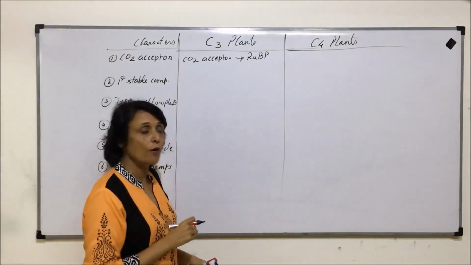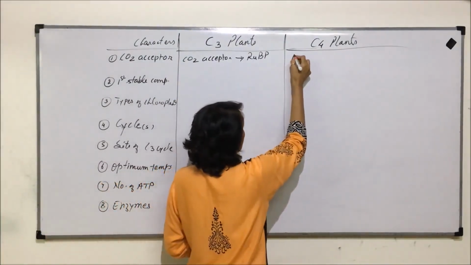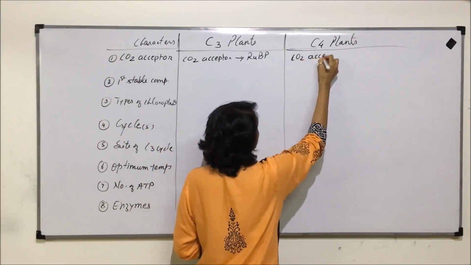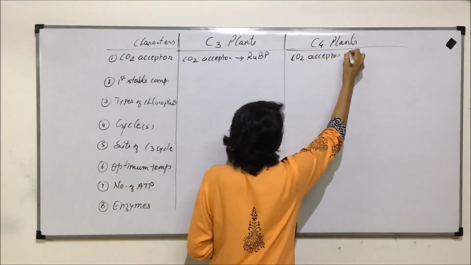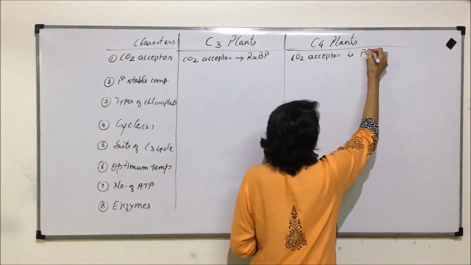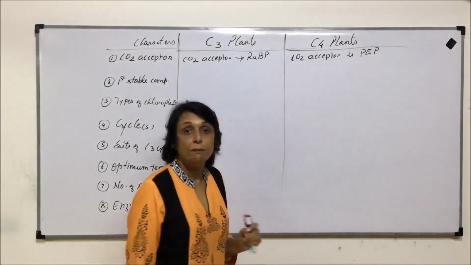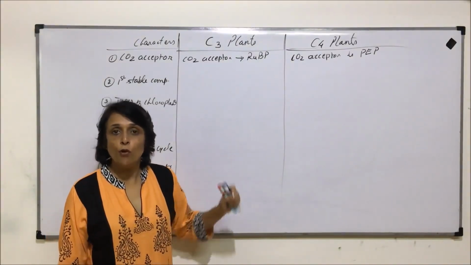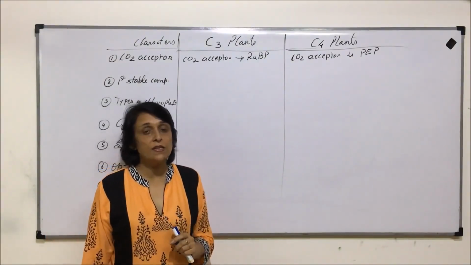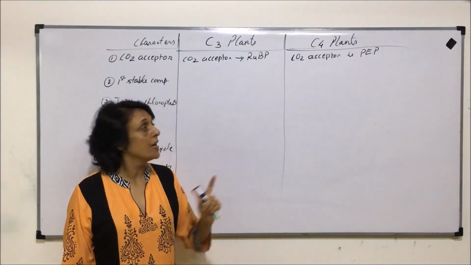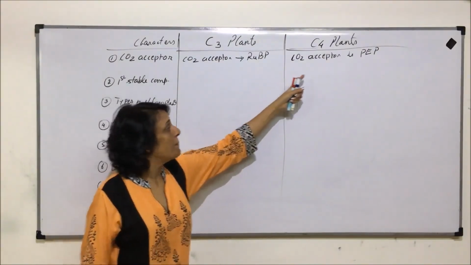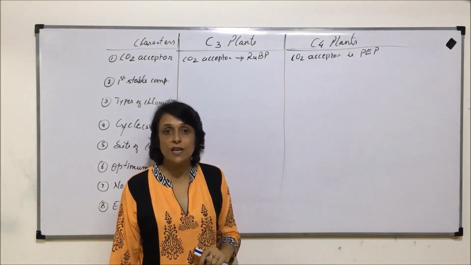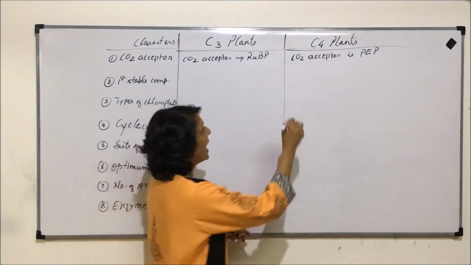In case of C4 plants, first carbon dioxide acceptor is phosphoenol pyruvate. But as we have seen the entire cycle, we know in C4 plants, carbon dioxide is accepted two times. First, in the mesophyll cells by phosphoenol pyruvate, and next in bundle sheath cells by RUBP.